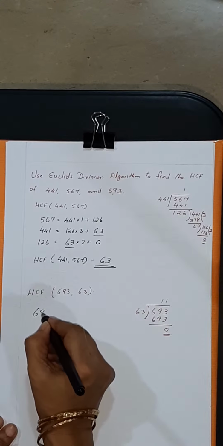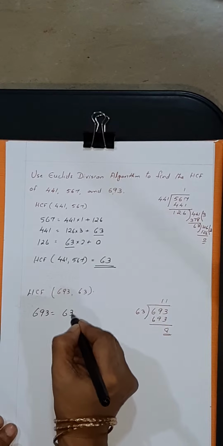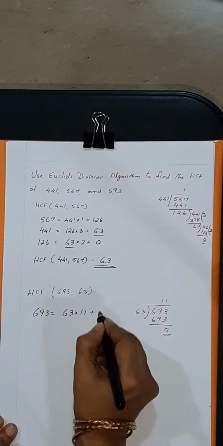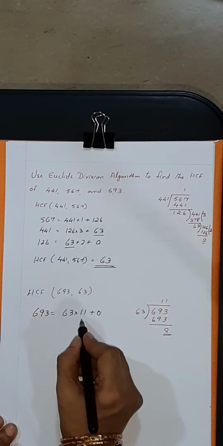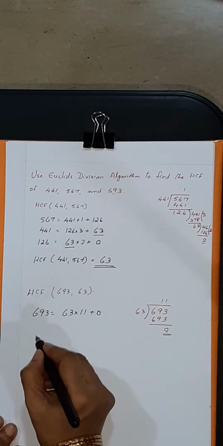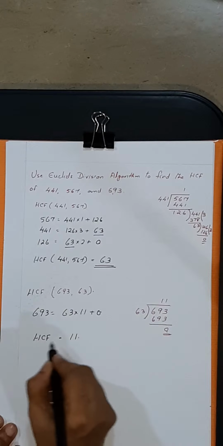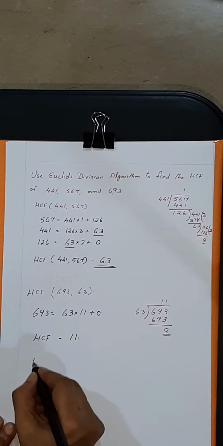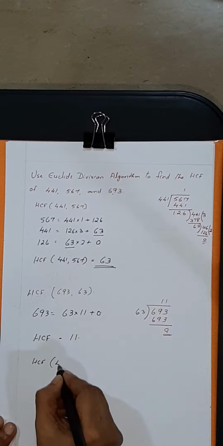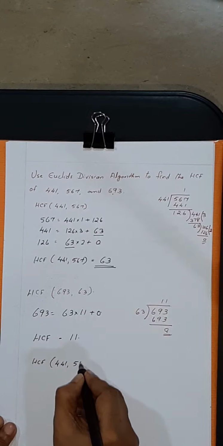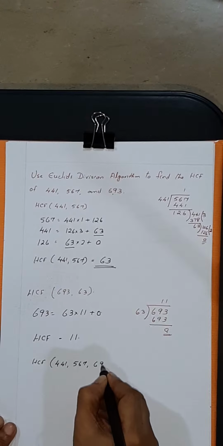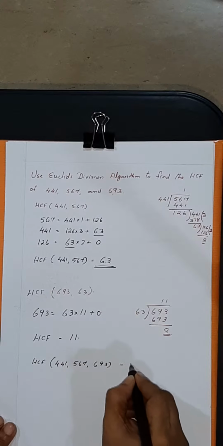So 693 is equal to 63 into 11 plus 0. So 63 is the HCF of these, which gives 11 as the answer. So the HCF of 441, 567 and 693 is 63.